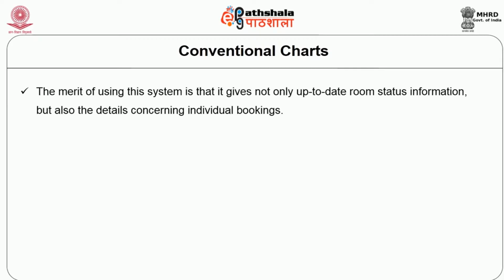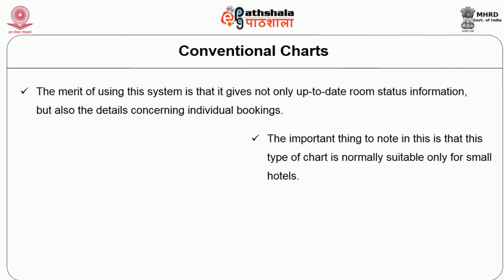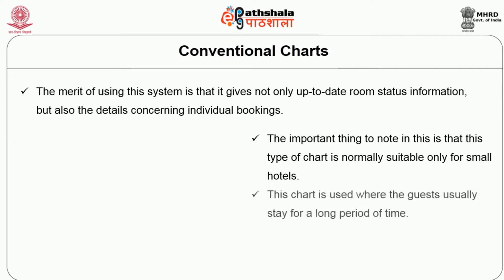The merit of using this system is that it gives not only up-to-date room status information but also the details concerning the individual bookings. The important thing to note is that this type of chart is normally suitable only for small hotels.